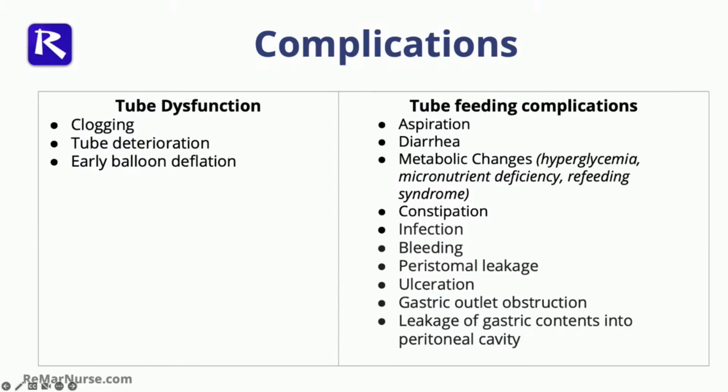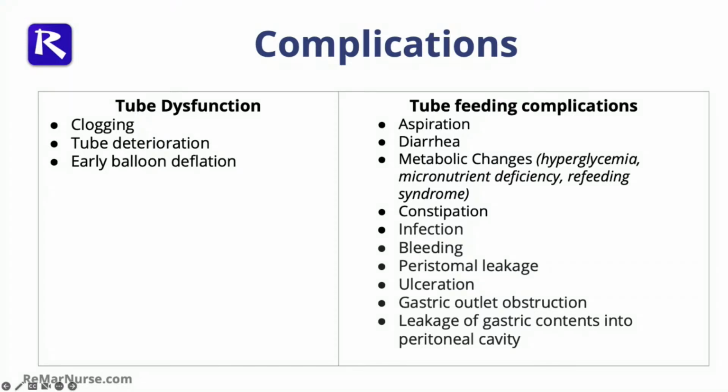Metabolic changes, we talk about this even with TPN or other things. Yep, you're going to have hyperglycemia, you're going to have micronutrient deficiencies, and refeeding syndrome is something that you all should be very familiar with because it can be a potentially fatal condition when there is rapid change in fluid and electrolytes.